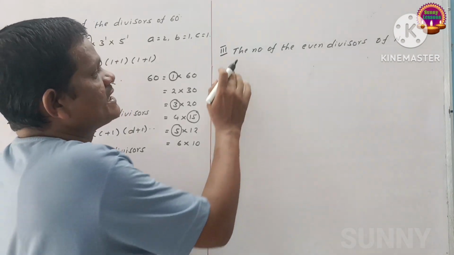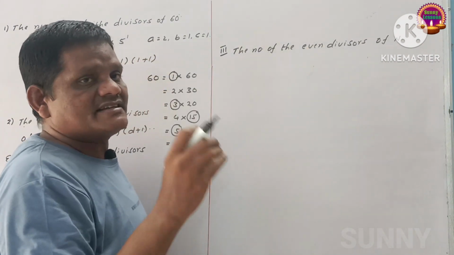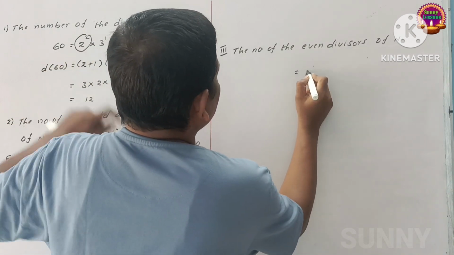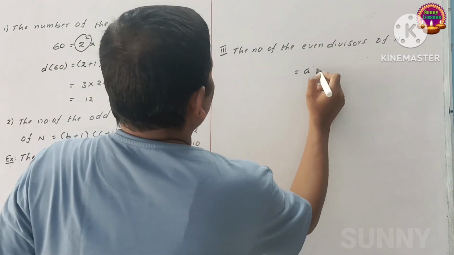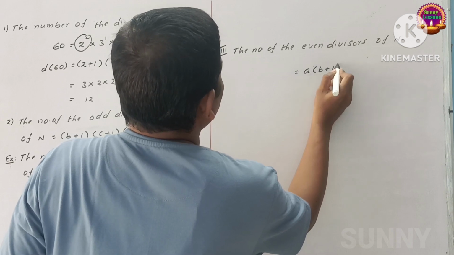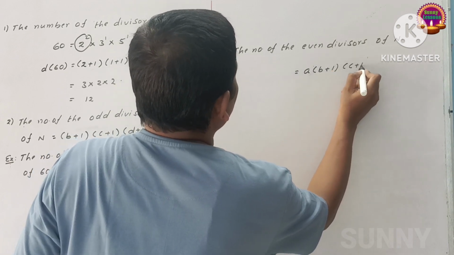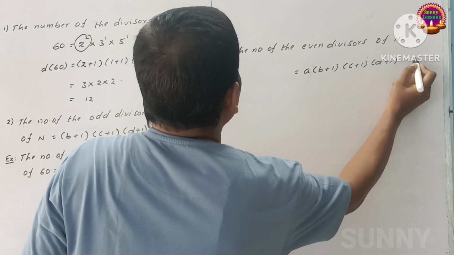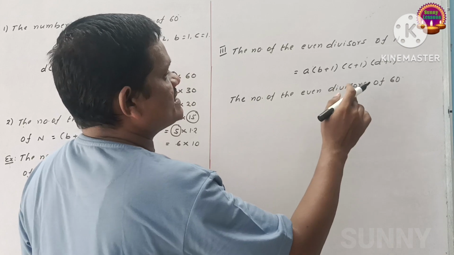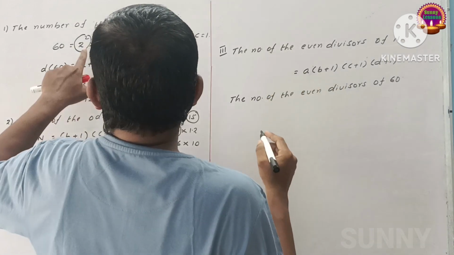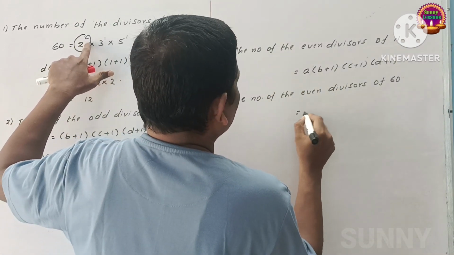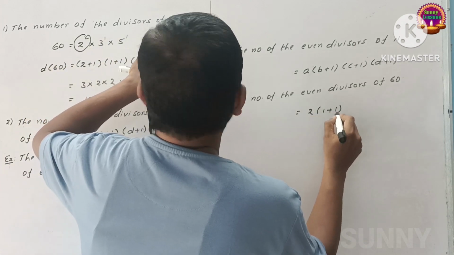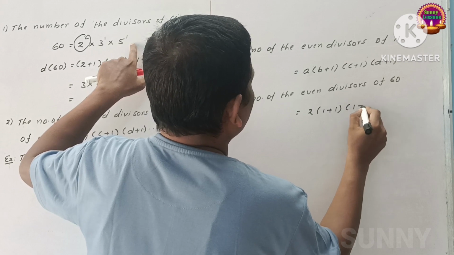Next, the third one is the number of the even divisors of n. In this case, we take a into (b plus 1) into (c plus 1) into (d plus 1) and so on. For the number of the even divisors of 60, here a means 2, 2 into b: 1 plus 1, c value is 1: 1 plus 1.